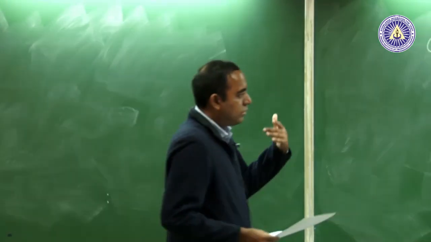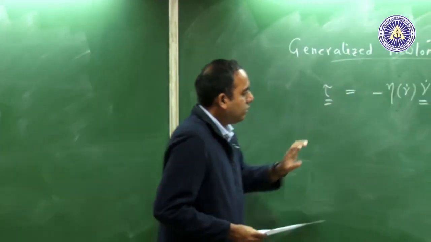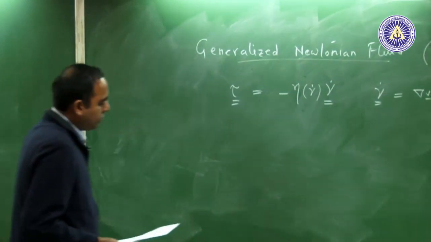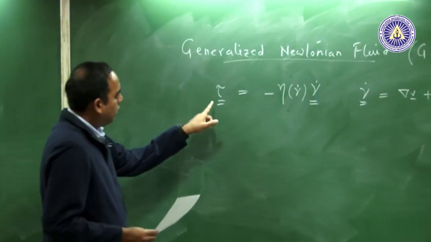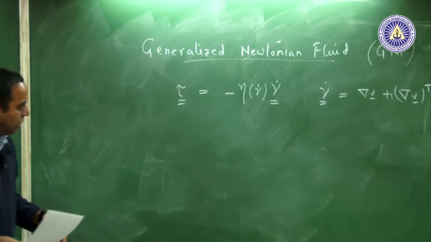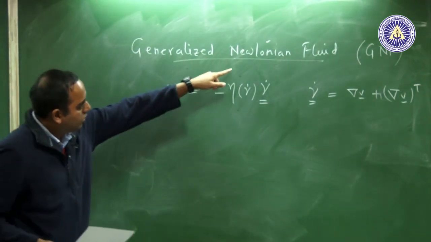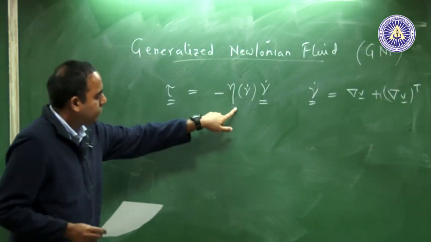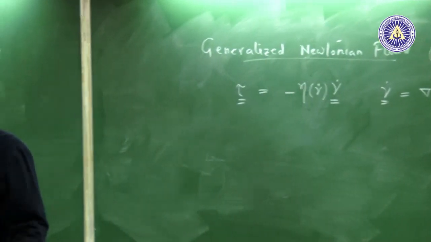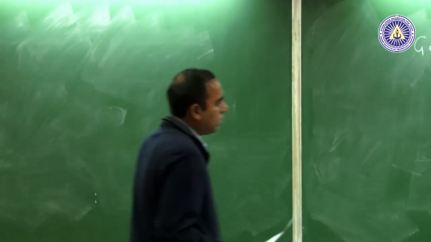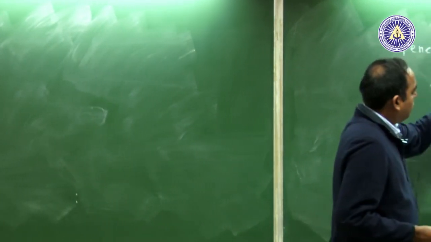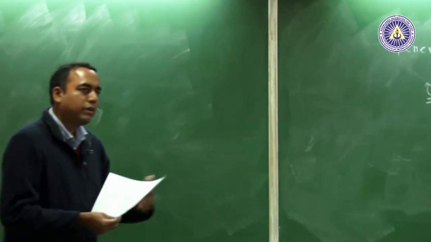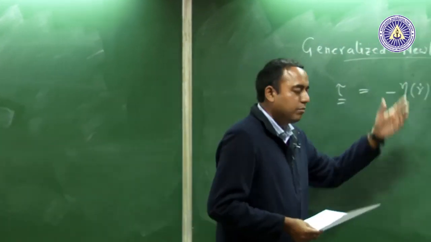So, we just look at the data and we put a function, and there are some constraints on the final constitutive model that you get. Of course, all of these are second order in terms of tensor order, but this proportionality function should be a function of the invariants of the gamma dot tensor. If gamma dot is a whole tensor, this proportionality function should be a function of invariants, so that if you rotate your coordinate system, things do not get perturbed.